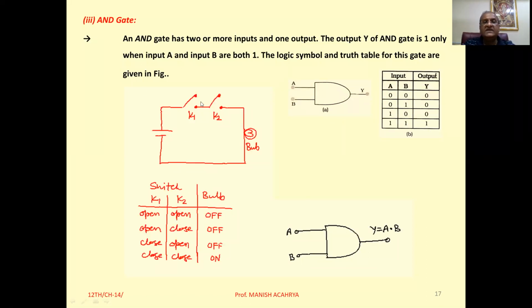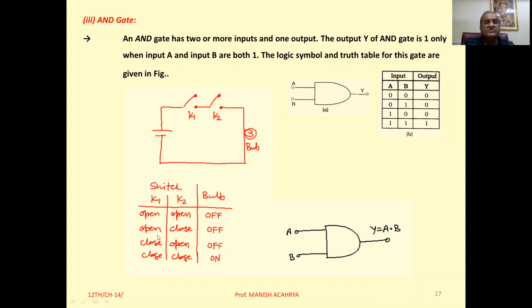Now understand this thing with the help of an electrical circuit. Suppose we have an electrical circuit as shown in the figure, in which the bulb is connected with the battery through two keys in series. Now if these keys or switches K1 and K2 both are open, the circuit will not be completed, current will not flow through the bulb, and the bulb will be off.